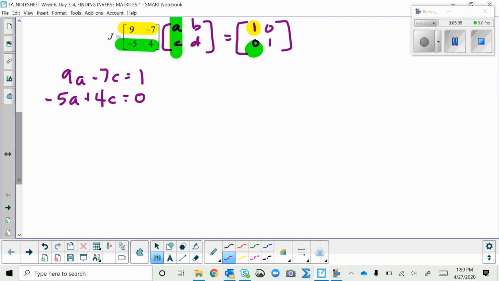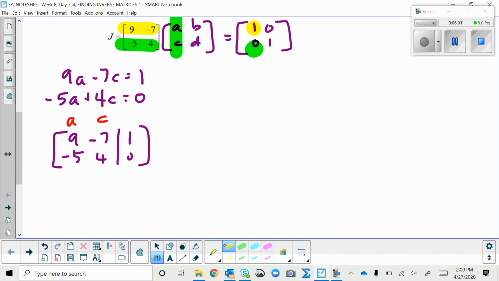But here's how it looks setting it up with matrix math. I set up my augmented matrix. And keep in mind the first column represents A and the second column represents C. And I need to get a 0 under the diagonal. So where that -5 is, I need a 0.